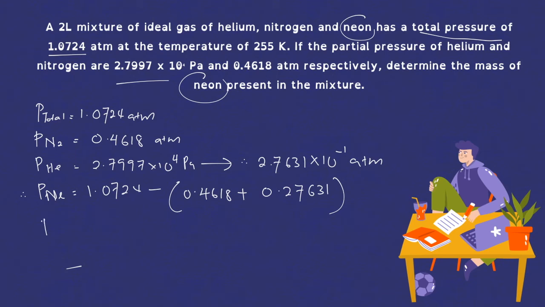So you shall get the pressure of neon is equivalent to 0.3430 atm. So from here, then only we can move on to determine the mass of neon present in the mixture.